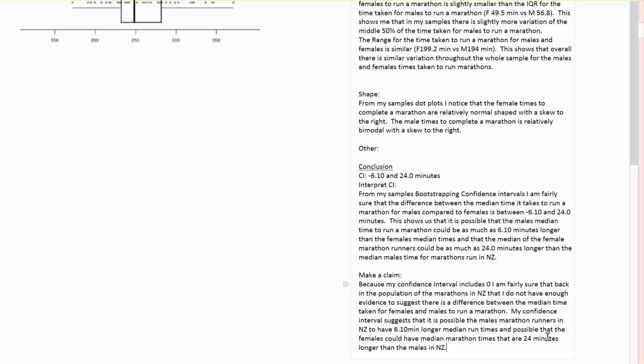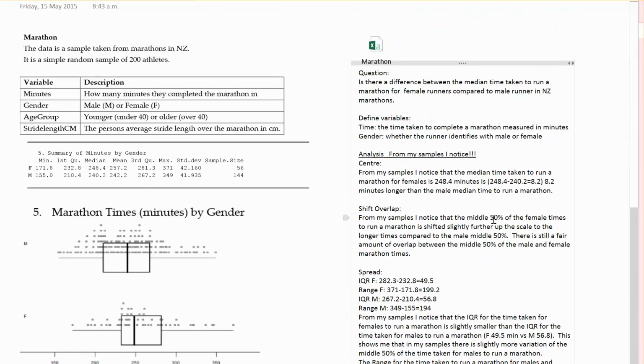So again, I'm just sort of rehashing what I said above.